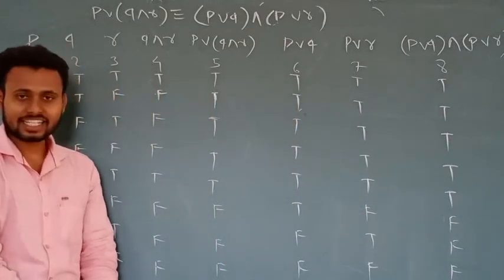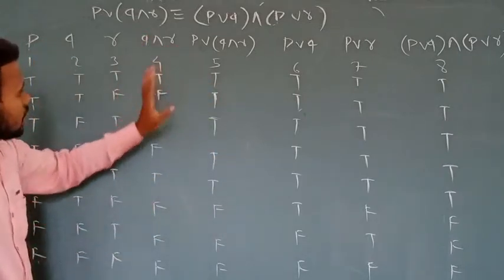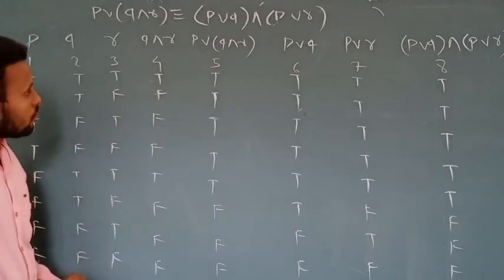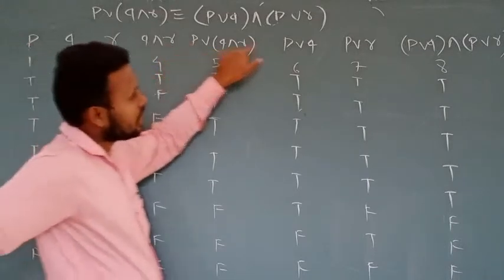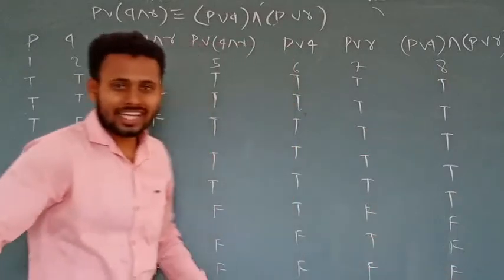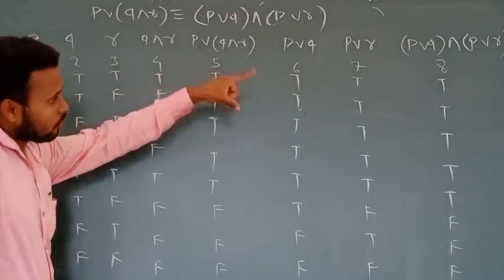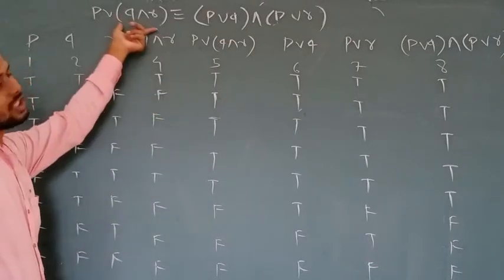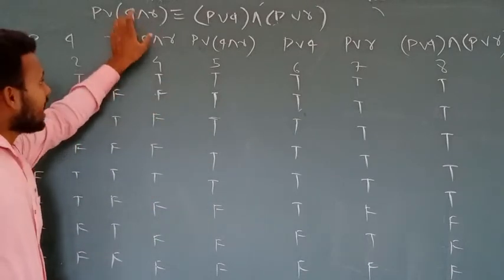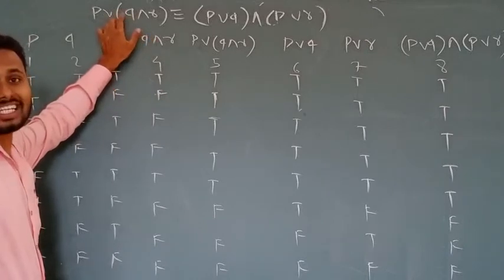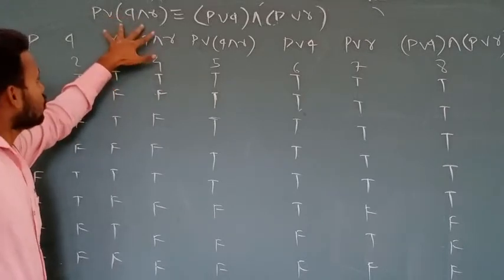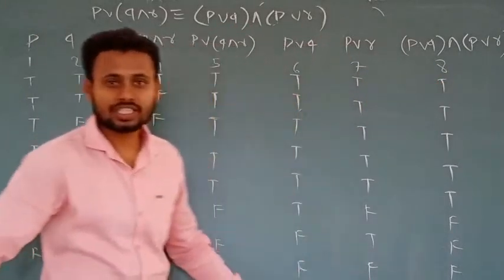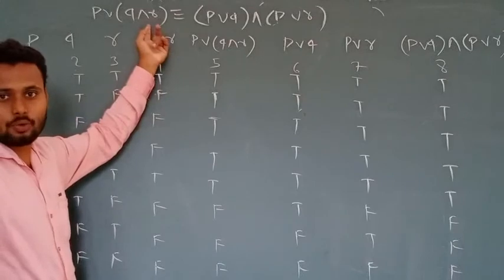Now in the above truth table we observe that all the entries in column 5 and column 8 are equal, therefore we say that the given statement patterns are equivalent. Why equivalent? Because the truth values of that column and that column are the same.